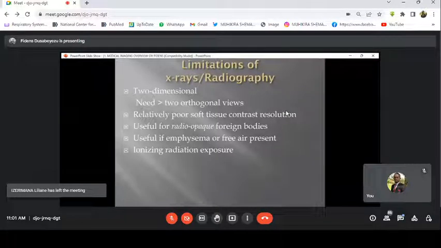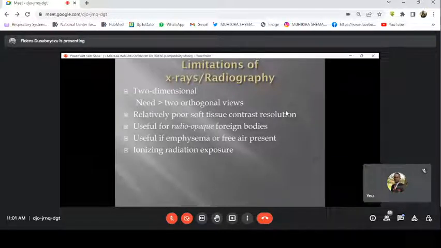it is only useful for radio-opaque foreign bodies. If you are looking for something that is non-radio-opaque, when you take a picture, it cannot be shown on X-rays. Yeah, that's another limitation. For CT scan and MRI, you can still see something that's not radio opaque.